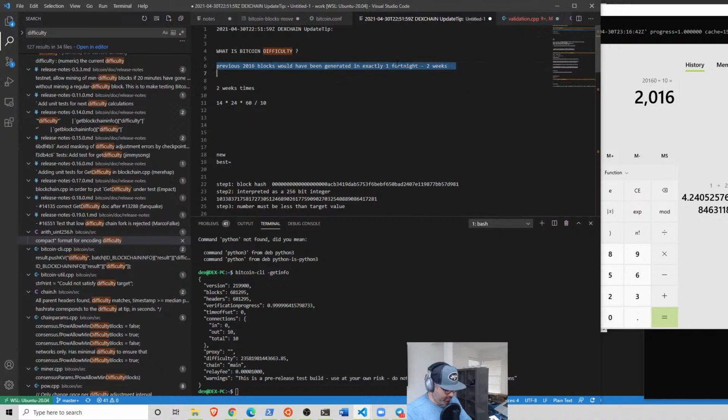So during that time, we want to be able to mine 2016 blocks in 2 weeks. So we look at the last 2016 blocks and we say, how long did it take us? We actually look at the timestamps.